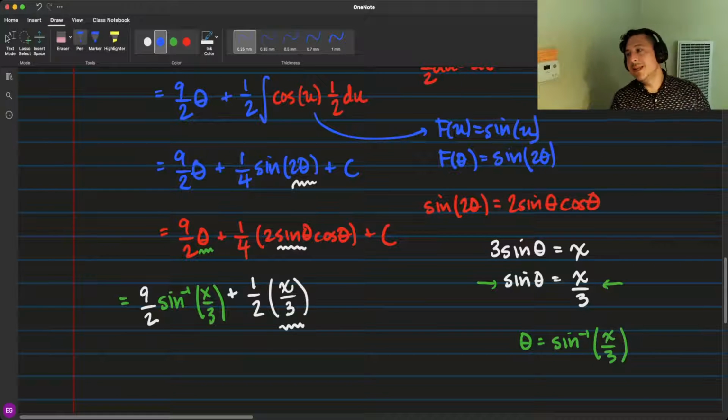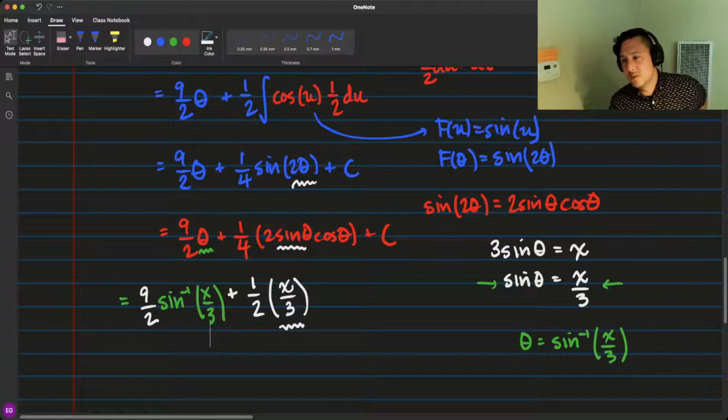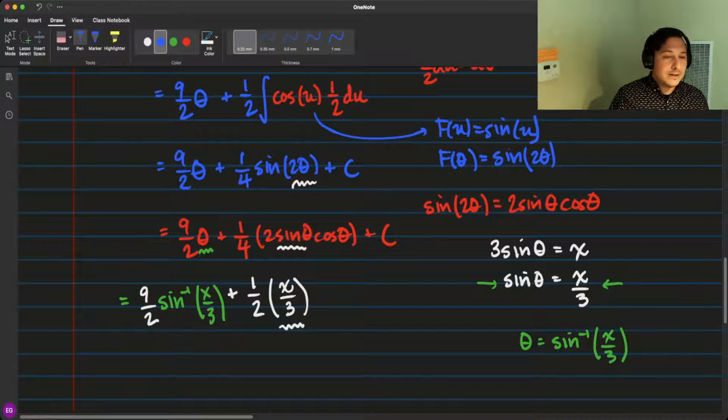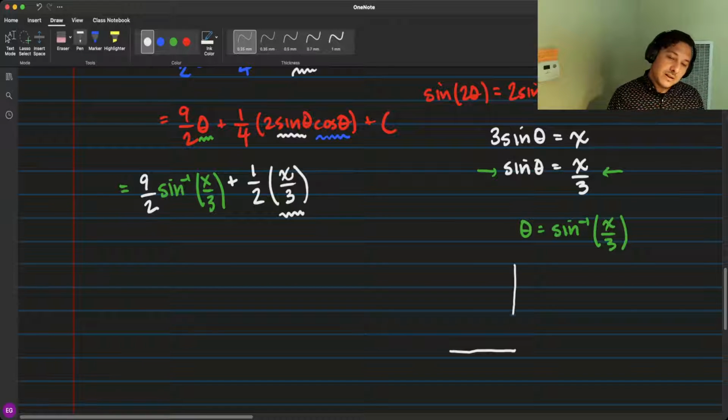Now what's the last replacement that I need to make? There's one more thing that I need to replace. Yes, the cosine theta. To do this, you need to remember that we started off with a triangle.